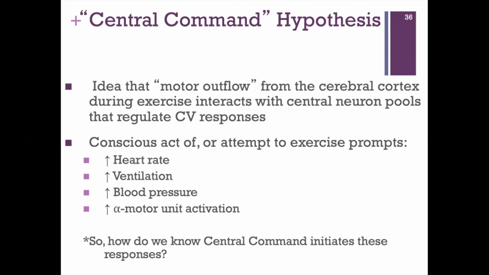So our bodies, when we think we're about to exercise, will automatically start to increase this heart rate, ventilation, blood pressure, and the alpha motor unit activations to be able to handle the exercise we're about to do, even if we can't do that exercise because of whatever reason. So that's how we knew that this was happening within the brain and not as a result of our hand actually moving.